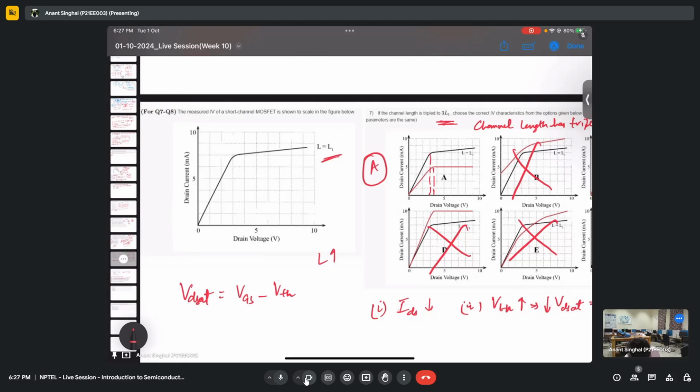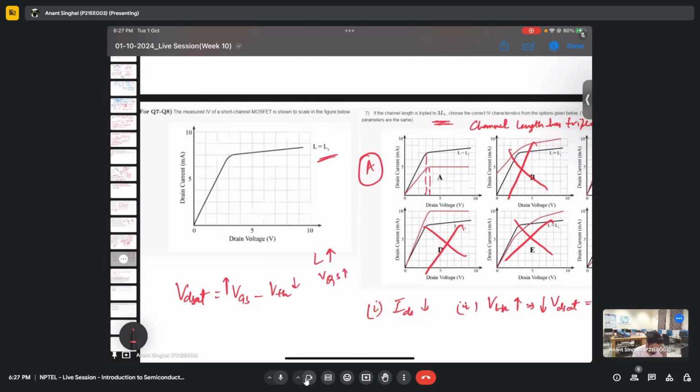Now what I'm thinking is we might be requiring more VDS to get saturate for the case A. It is looking like that. For a larger length, we'll be requiring more gate voltage or more threshold. That is fine, but which term will dominate? An increase in VGS, yeah, that is what I am also thinking.